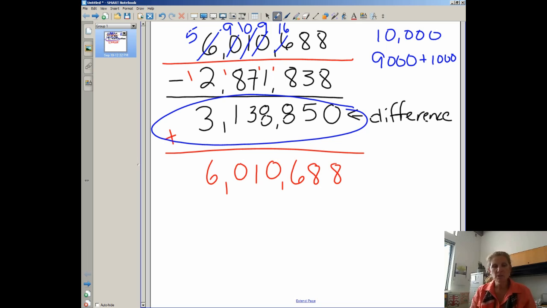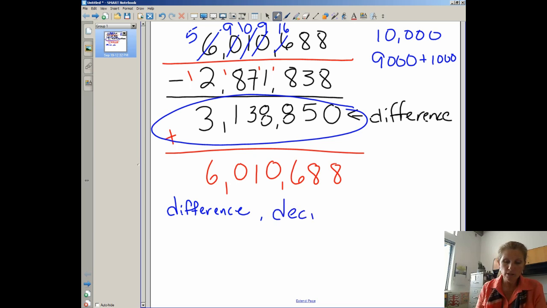Let me write down some keywords for subtraction that would indicate that you're going to subtract. If they say difference, of course, you're going to do that. Sometimes they'll say, she used to make 50,000, but they decreased her salary by 9,000. What is she making now?